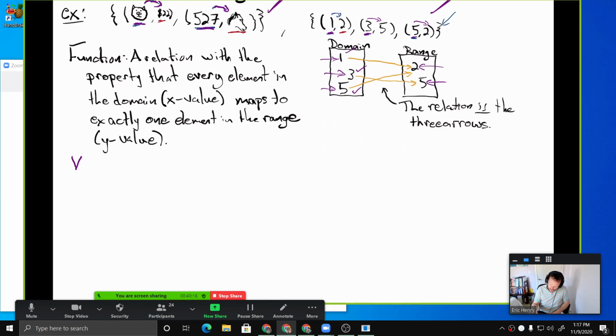Oops, wrong color. Anyone have any thoughts? How can you tell for a graph whether it is a function or not?